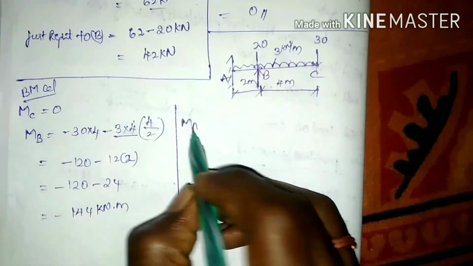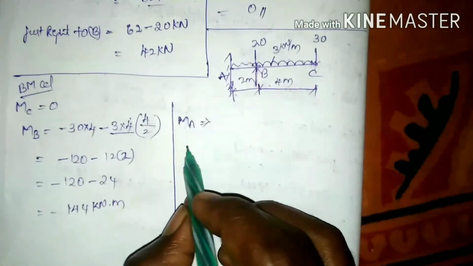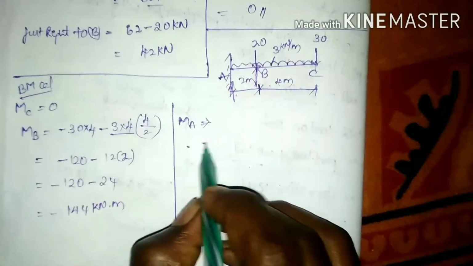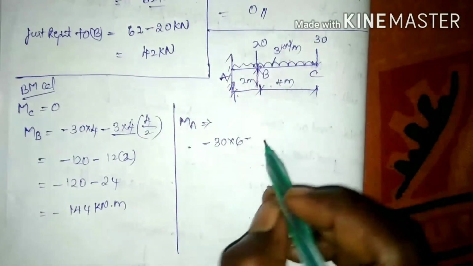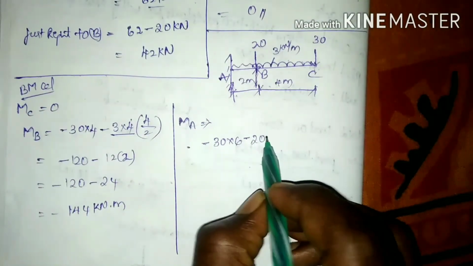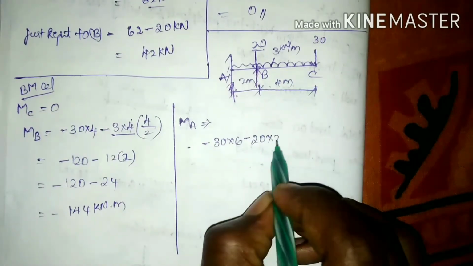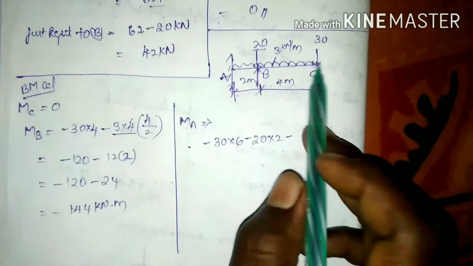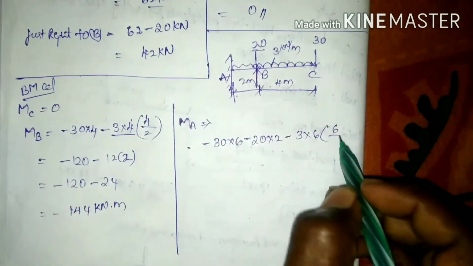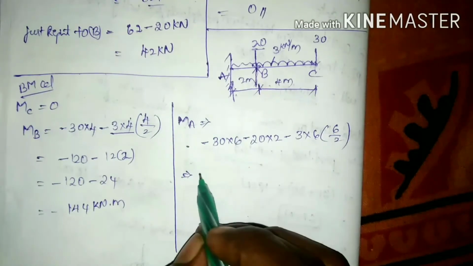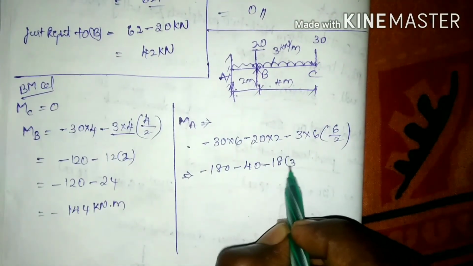And for the moment about A, that is minus 30 into 6, minus, we first convert the point loads, that is 20 into 2, minus the UDL taken for the entire span, so 3 into 6 by 2, that is minus 18 of 3.